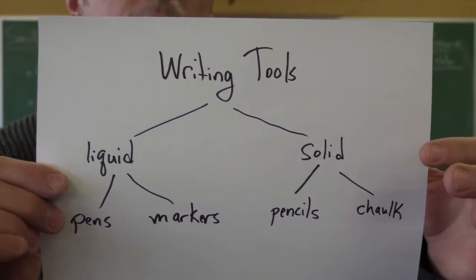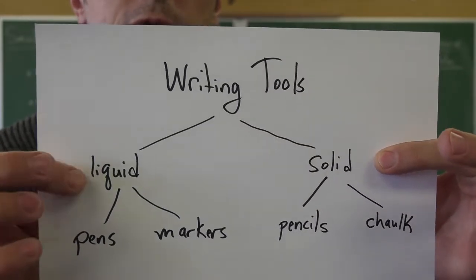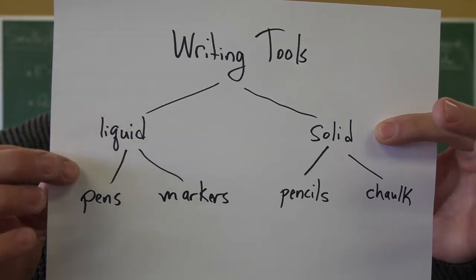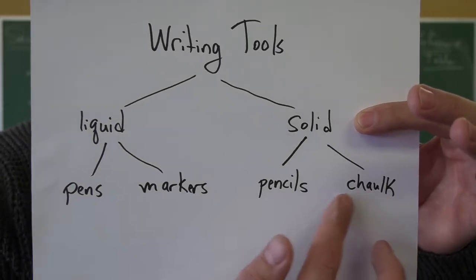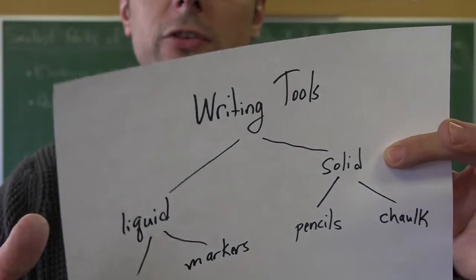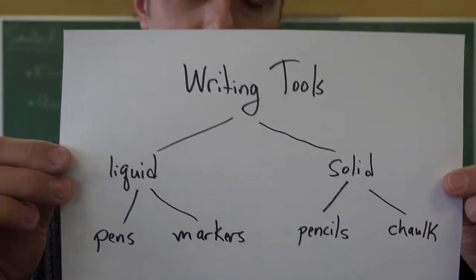I can separate them as some using solids and some using liquids to create the writing. Within liquids I've got pens and markers. Solids, I've got chalk and pencils. So this is a way to organize writing tools into a logical classification scheme.